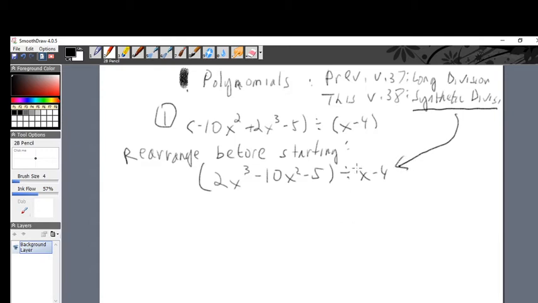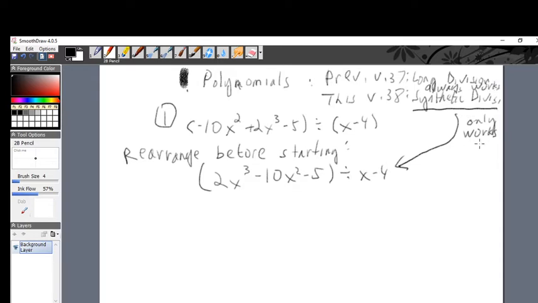Now, notice one more thing. Synthetic division, let me talk about it at length right now. Long division always works.